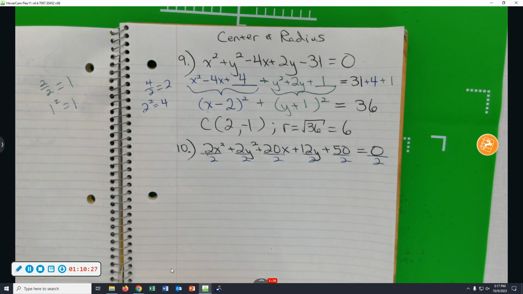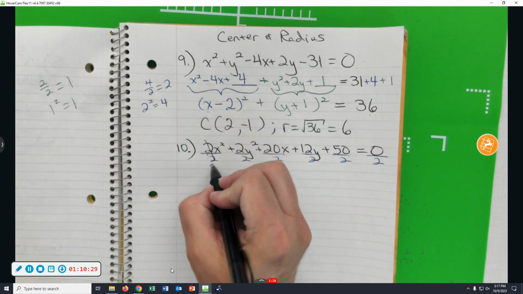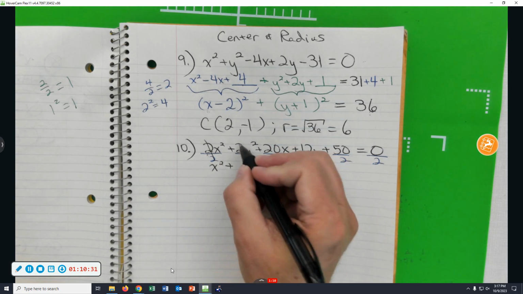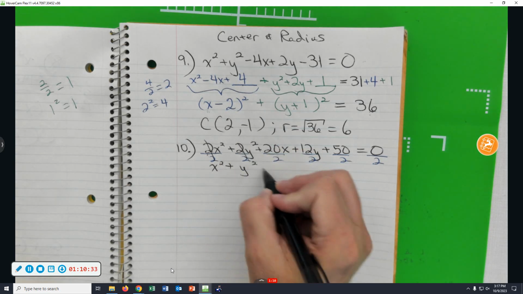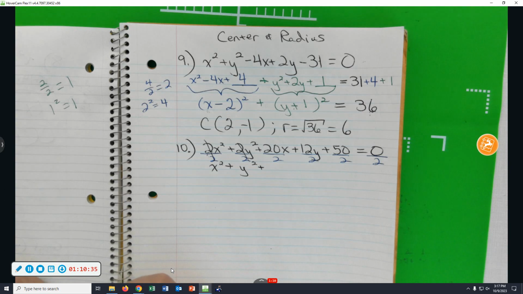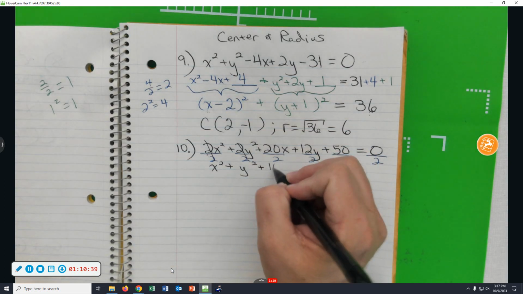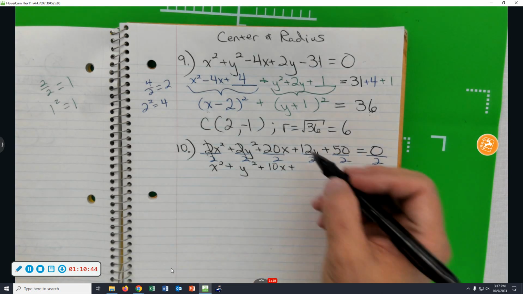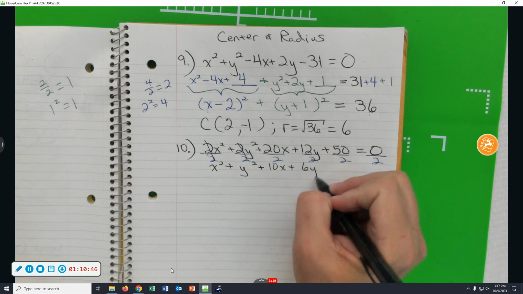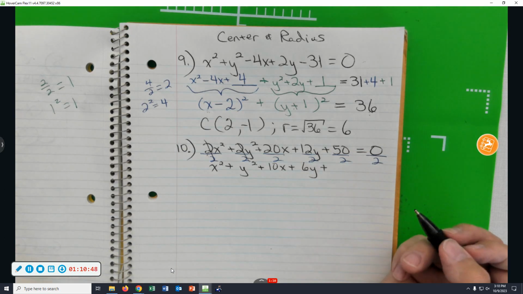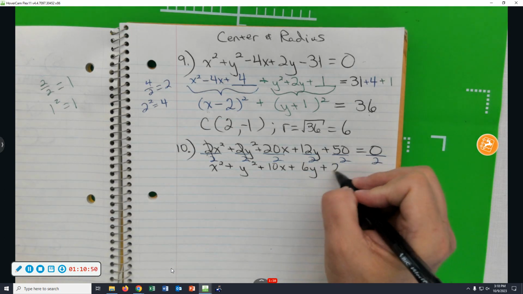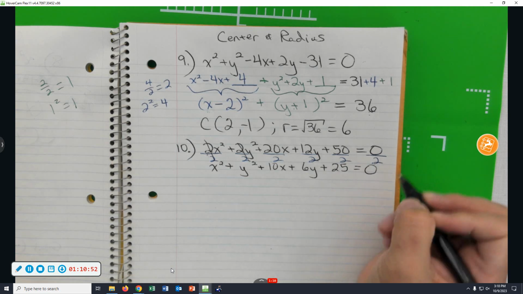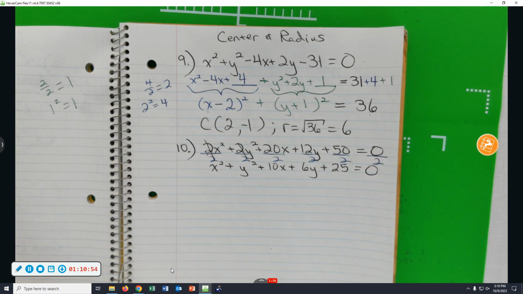Then that's going to give us 1x squared plus 1y squared plus 20 divided by 2 is 10x plus 12 divided by 2 is 6y plus 50 divided by 2 is 25 equals 0 divided by 2 stays 0.